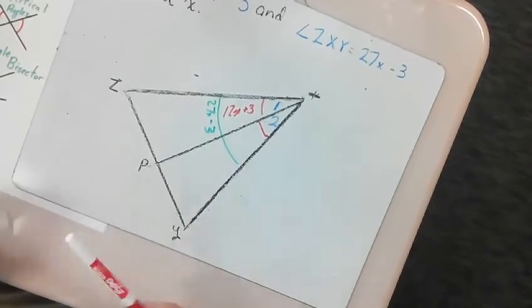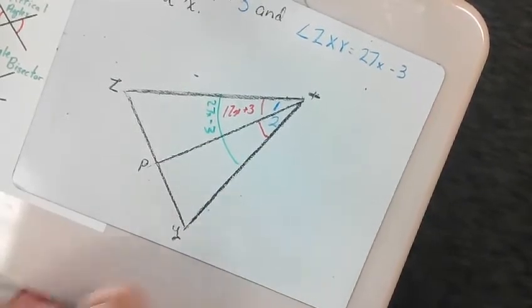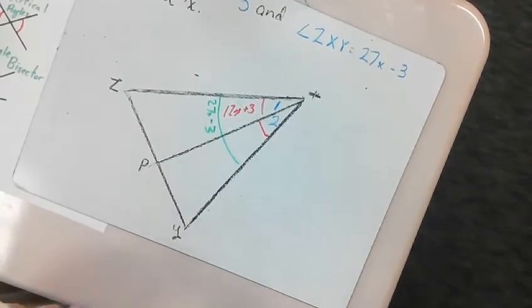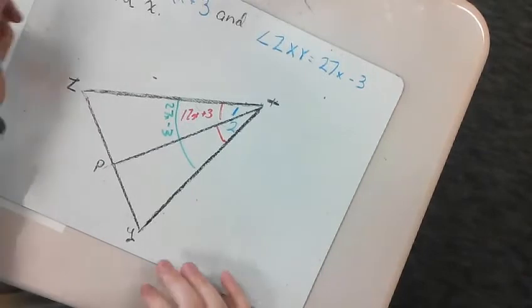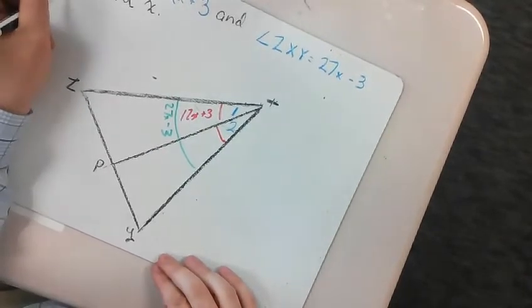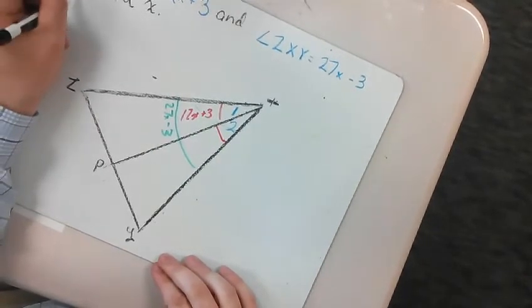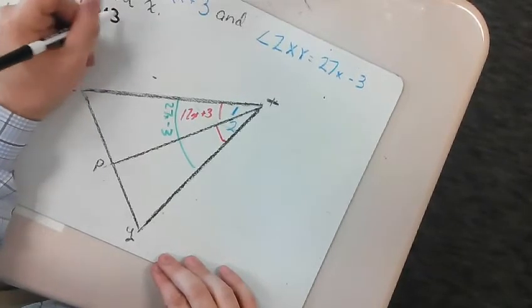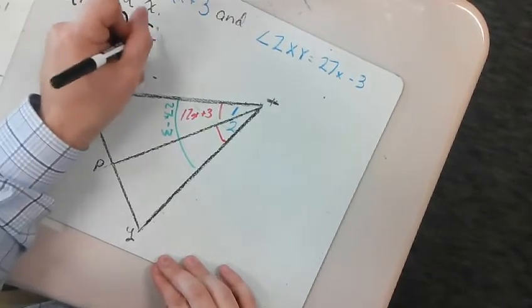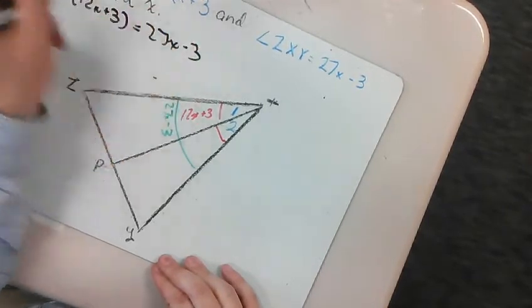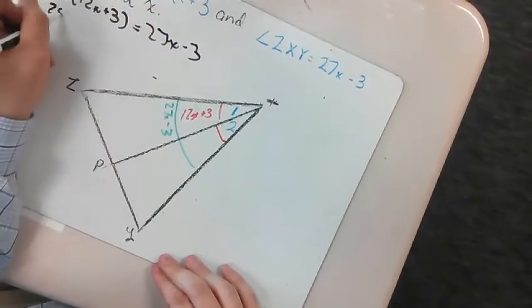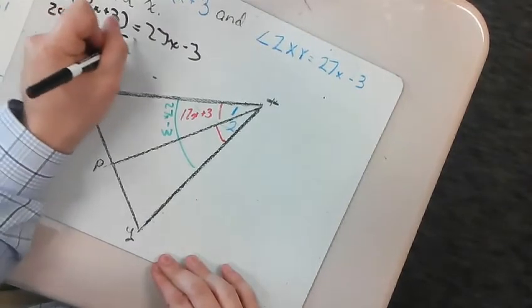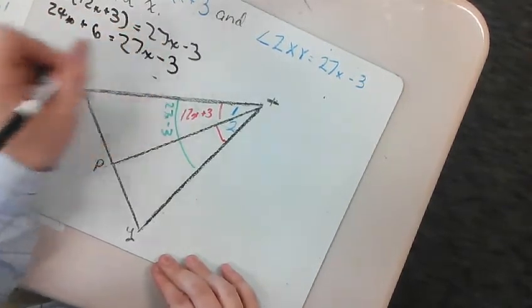The easiest way for me to do this is to multiply the smaller one by 2 and solve. So that becomes 24x plus 6 equals 27x minus 3.